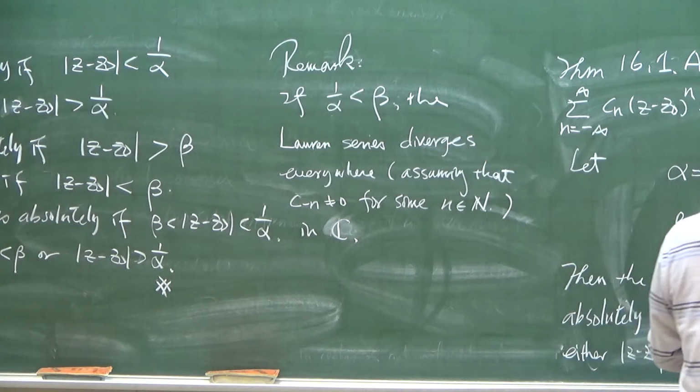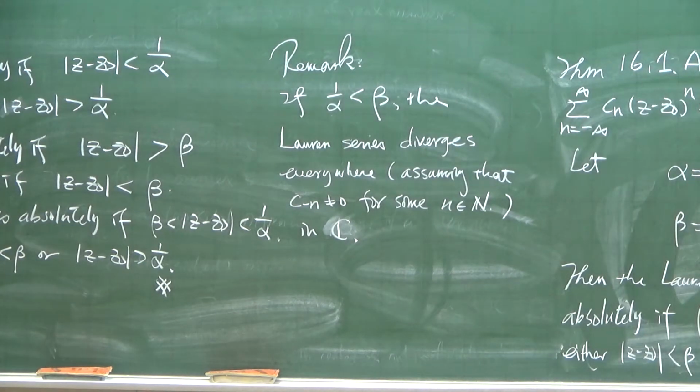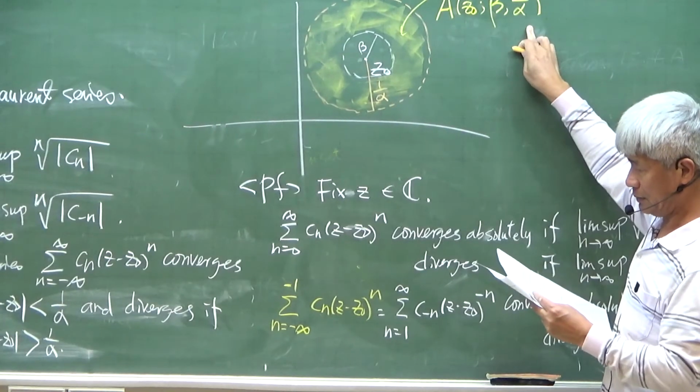The center is z0, right? And beta is less than 1 over alpha. So we will denote this annulus by A(z0; beta, 1/alpha).